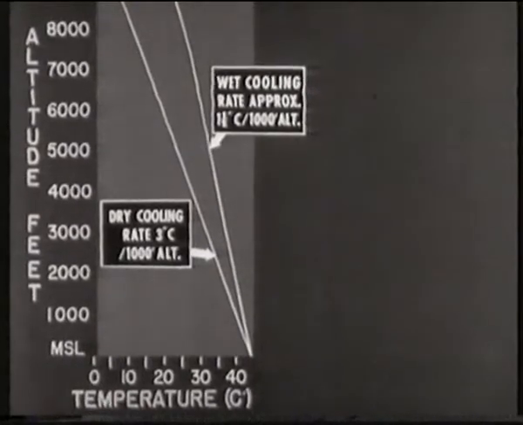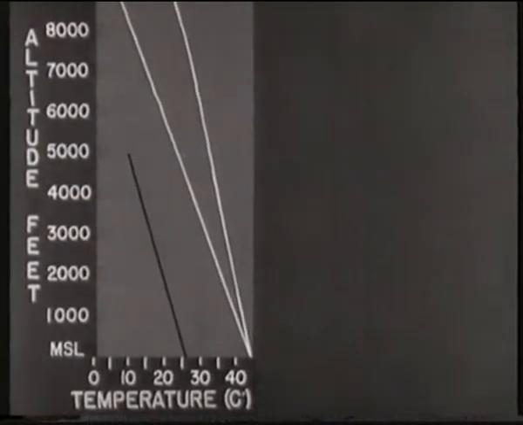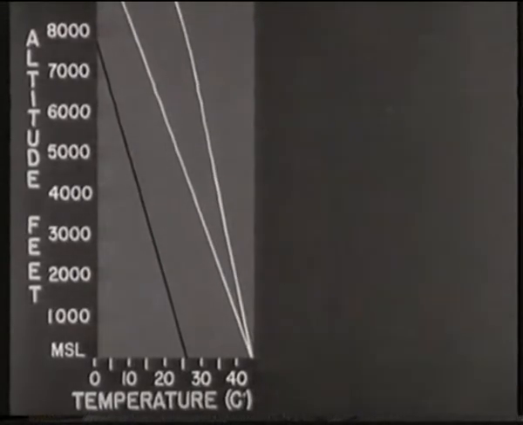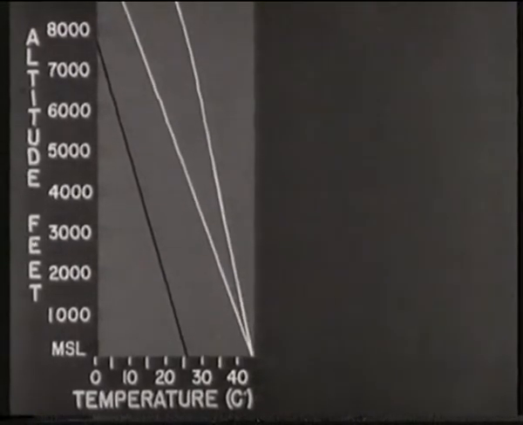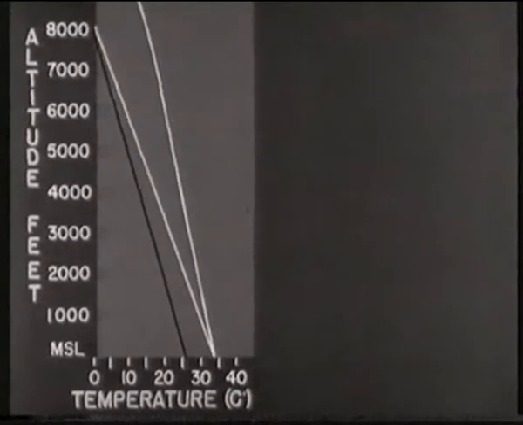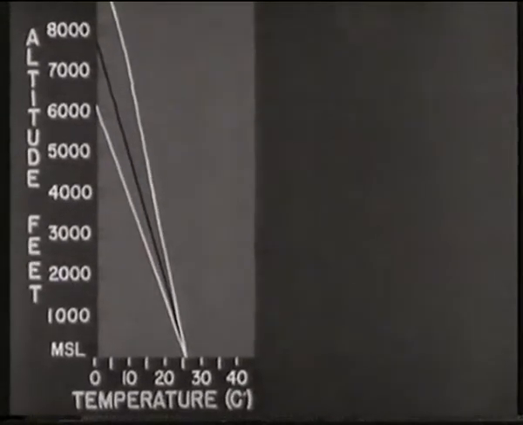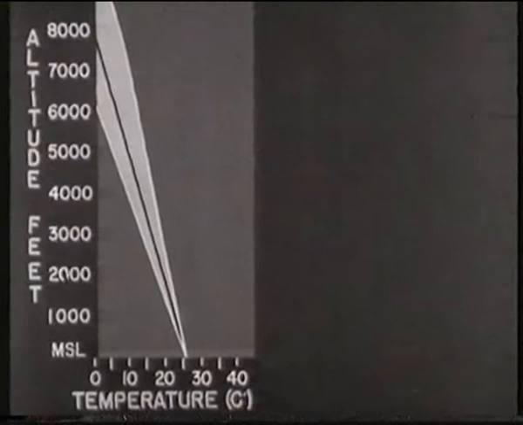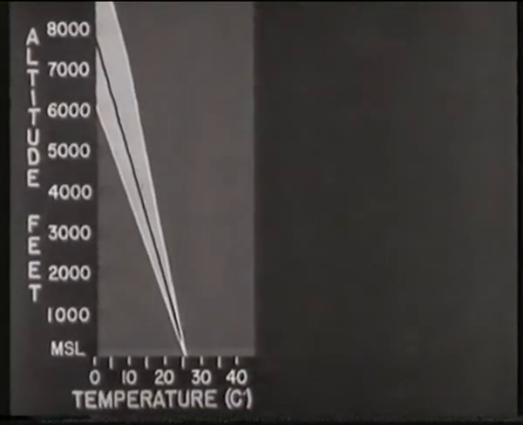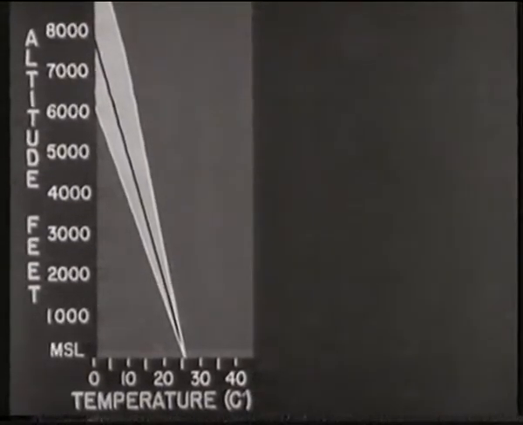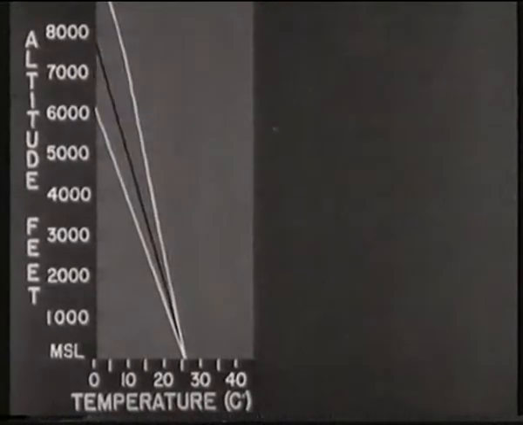Temperature at various altitudes can be plotted for a given column of air. For purpose of illustration, let's use a column in which temperature decreases uniformly with altitude. When this temperature decreases at a rate between the dry and wet cooling rates, the air is conditionally unstable.